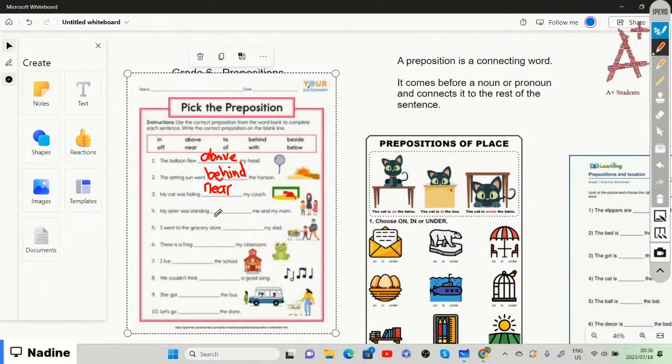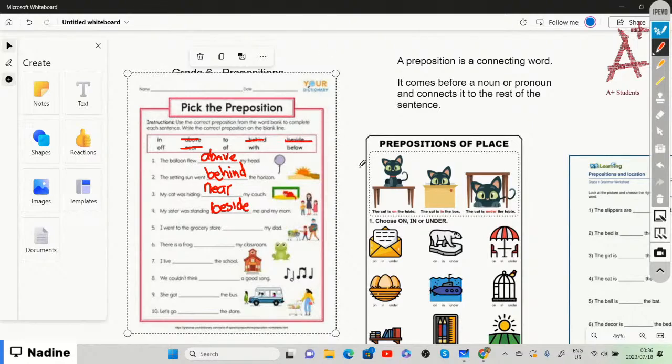My sister was standing where? Me and my mom, right? We already have above, we have near, and we have behind. So we can say that my sister was standing beside me and my mom, right?